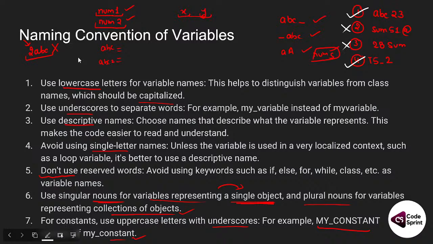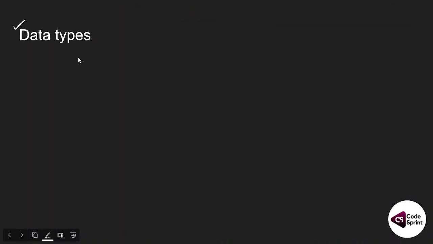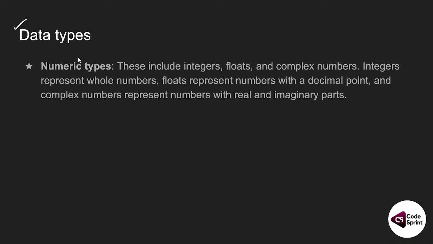Now let's discuss the next topic. If we talk about data types, we have 6 kinds of data types we are going to discuss in this session. The first data type is numeric. The numeric data type includes integers, floats, and complex numbers. Integers are like 3, 4, -1, -2.